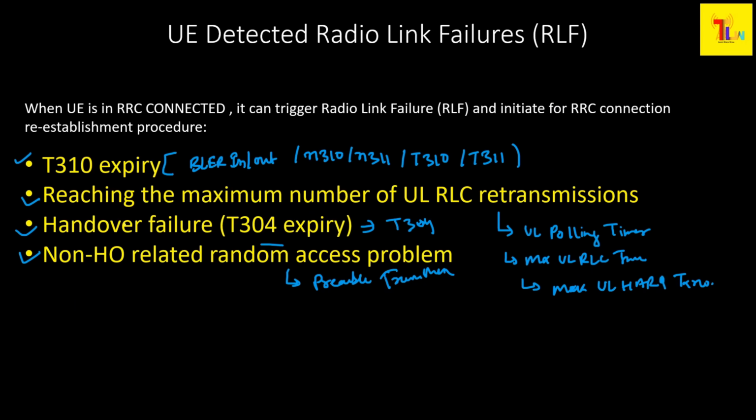This is basically reaching the maximum number of RLC retransmissions. So this is the second scenario, where you can consider the max number of UL RLC retransmissions exceeded. This is one of the other cases, so let's consider it in that manner only.